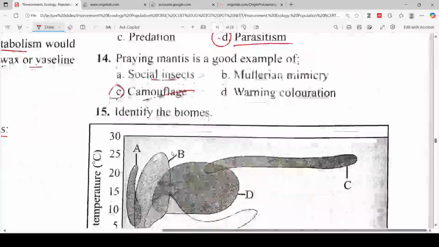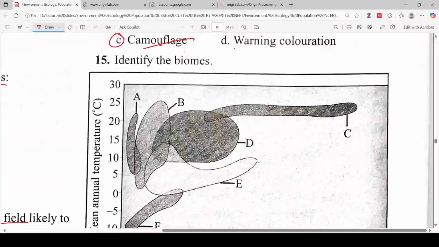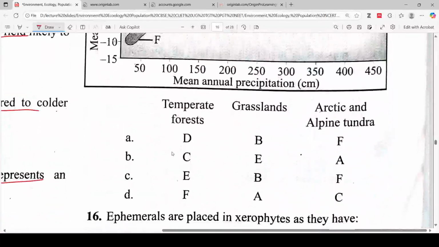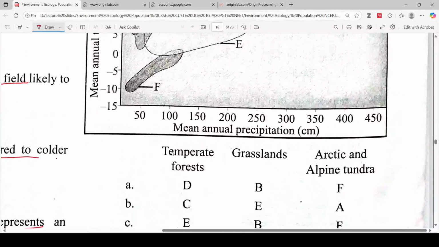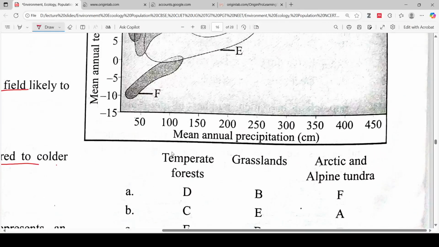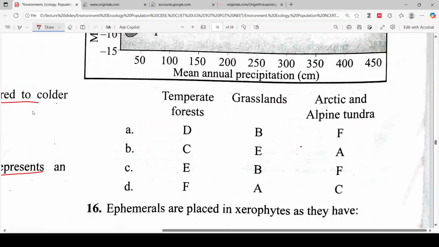So next question, identify the biomes. So for this question, option C will be the correct answer.